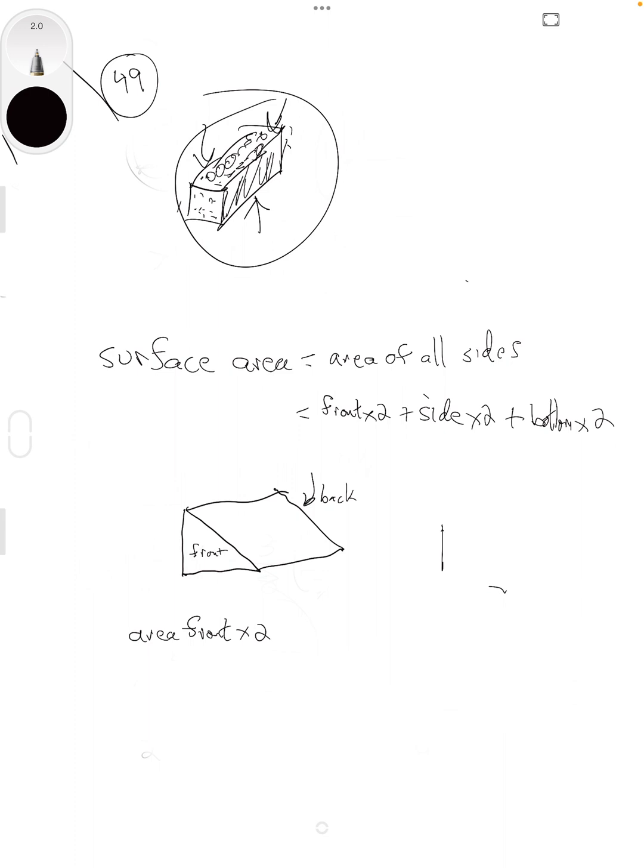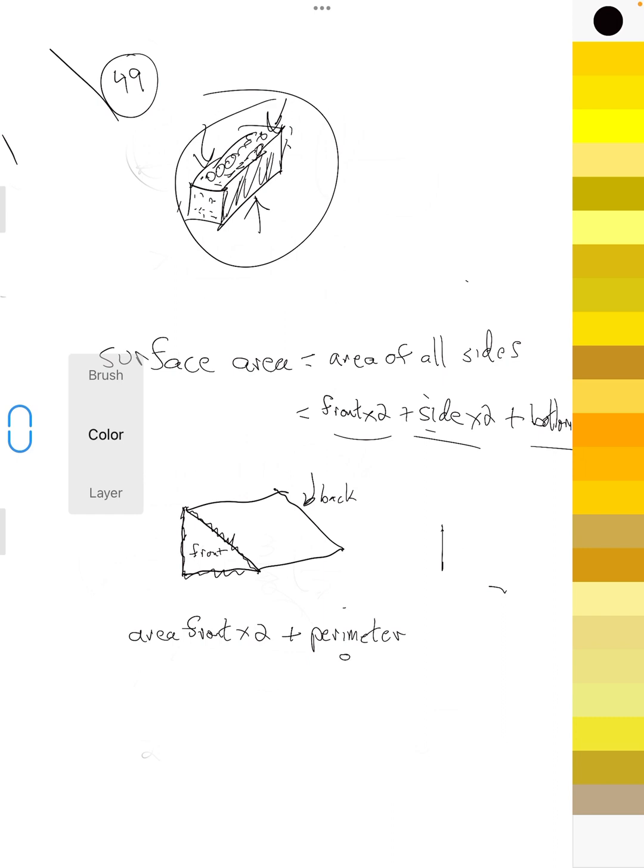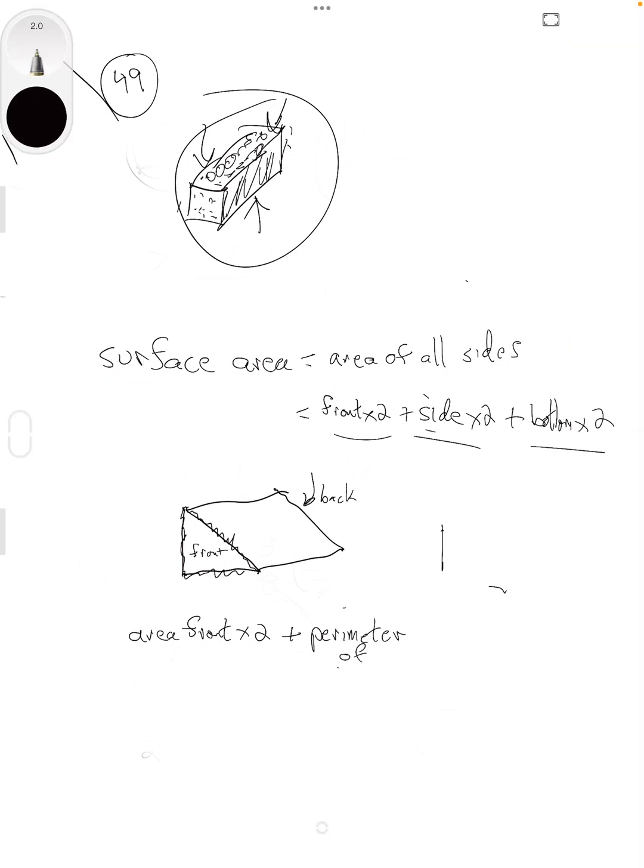Well, you could do kind of what I did there, but this is the cool part. I can do the perimeter of this, perimeter of the top times this distance. In this case, I'm going to call it the height, H-E-I-G-H-T, times the height.